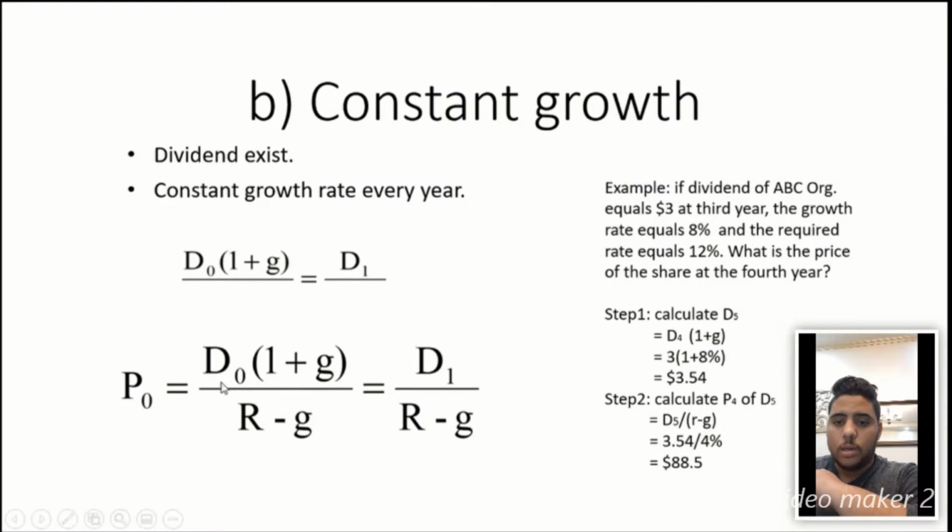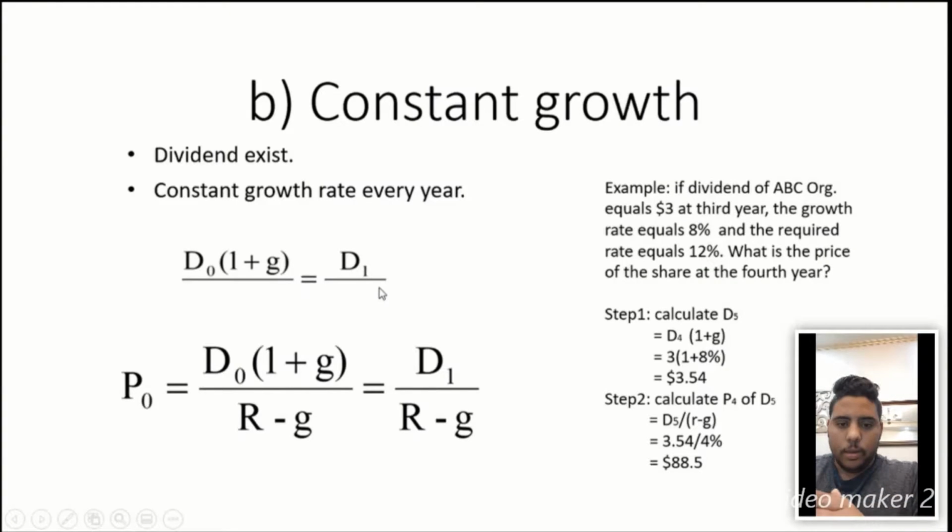Price equals D0, which is D of the year before, times 1 plus G, where G is the growth rate, over rate of return minus the growth rate, which equals D1 over R minus G. How did we get D1? D1 is D0 times 1 plus G.